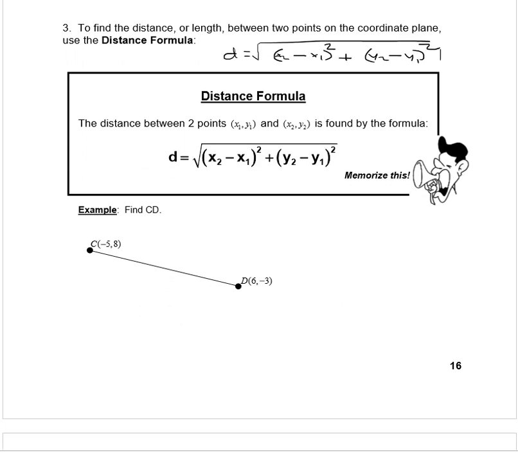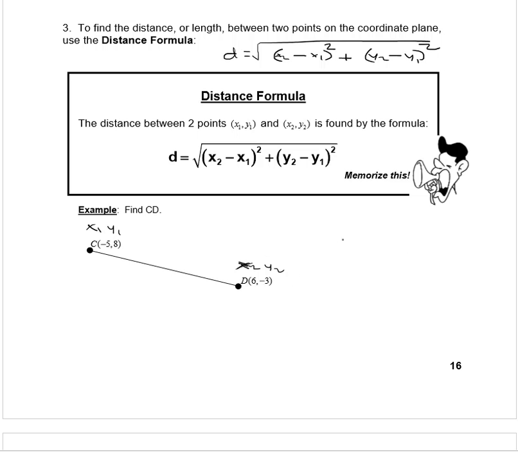We're going to solve this problem. So I'm going to just plug it in. This is going to be x1, y1. This is going to be x2, y2. So x1, y1, x2, y2.